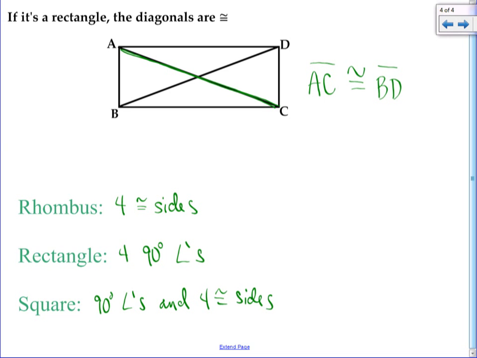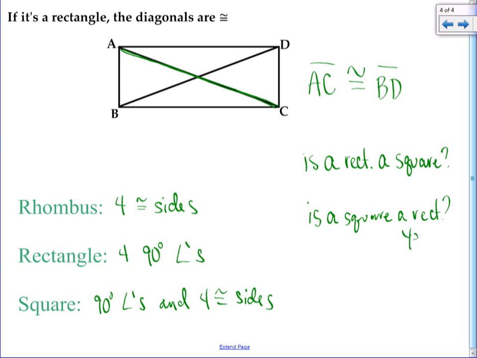Okay, so let me ask you this. One last question. Is a rectangle a square? Okay. Is a square a rectangle? This one is yes.